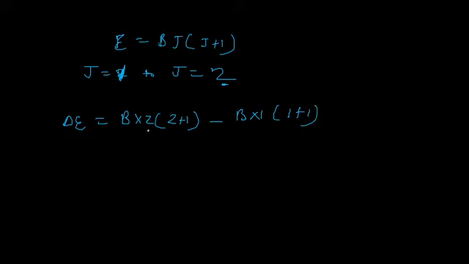Then 2 plus 1 is 3, 3 into 2 is 6. This is 6B minus B into 1 is B, and 1 plus 1 is 2, that means we get 2B, so 6B minus 2B is equal to 4B.